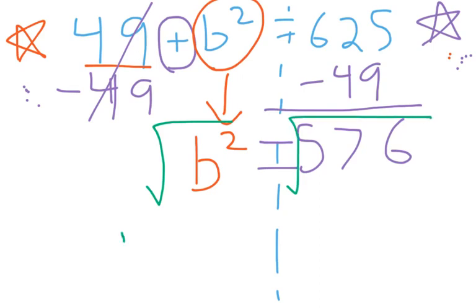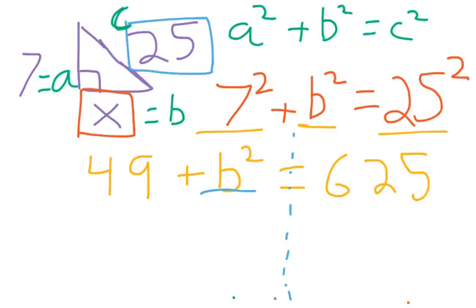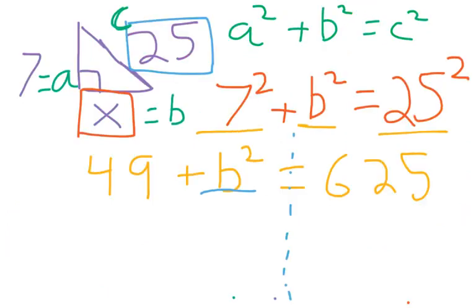And remember, square root just means what number times itself gives us that number. So I'm going to figure out the square root of 576. And it is 24. So that means when I go back to my triangle, what was that missing side? 24. Very good.